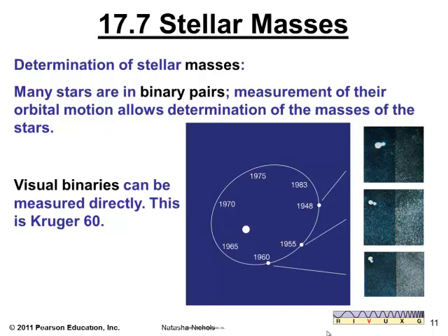On the right, you get to see the actual visual photographs taken in some of the years indicated on the left. So we call this a visual binary because we can actually see these 2 stars separated from each other. We can directly observe them.